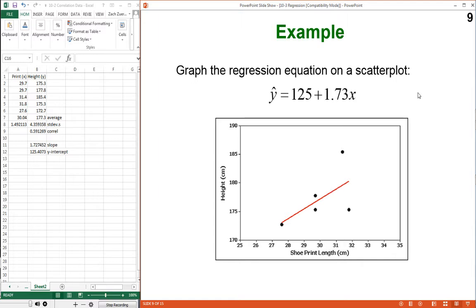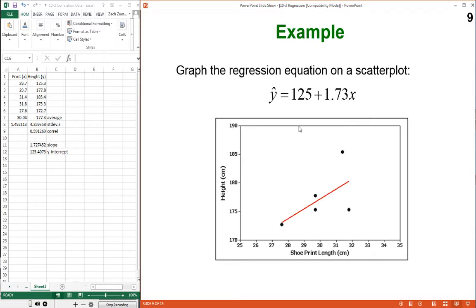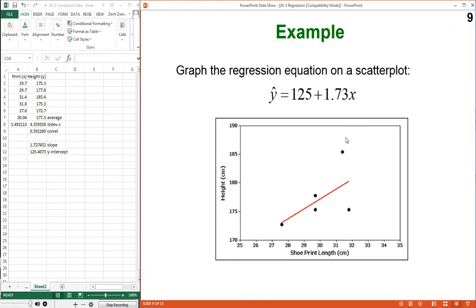Now, I hope that you're already thinking of this, but don't you remember that when we talked about these points and we did the correlation coefficient, remember we found out to be 0.591, and then we compared that to the value in table A6. I think you should remember that 0.591 was less than the critical value in table A6. So we found already that this is not a significant relationship between shoe print length and height.